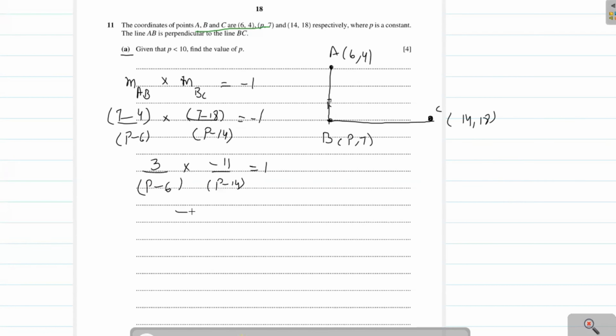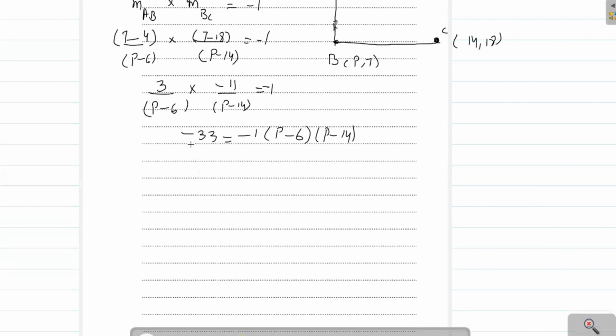We can write this -33 equal to -1 into (P minus 6) into (P minus 14). Now the minus will be cancelled. Now we can write this P square minus 20P plus 84 equal to 33.